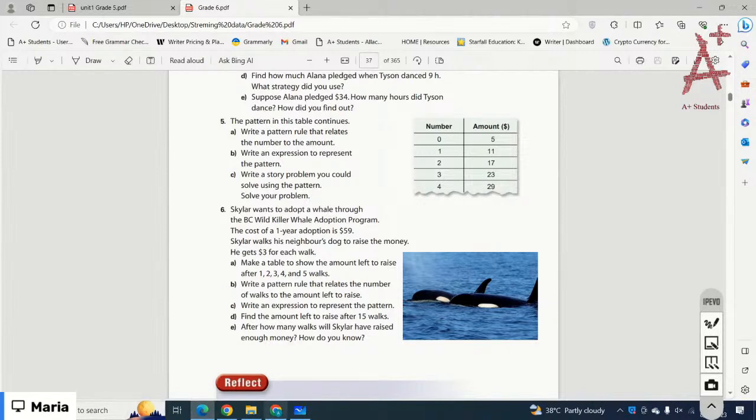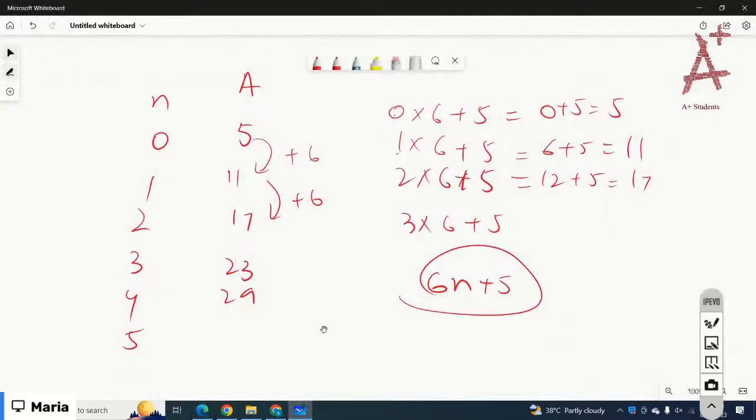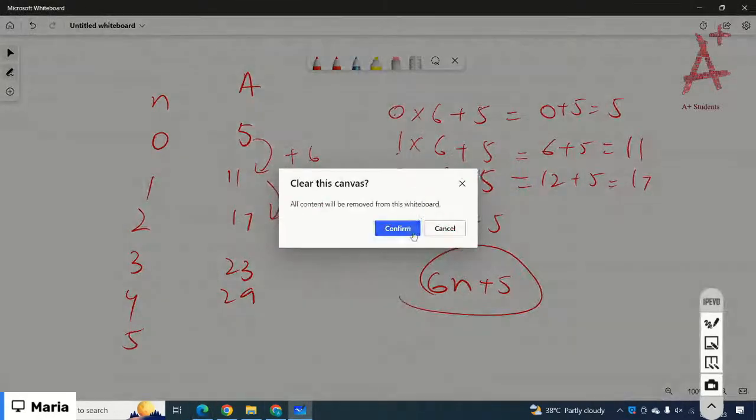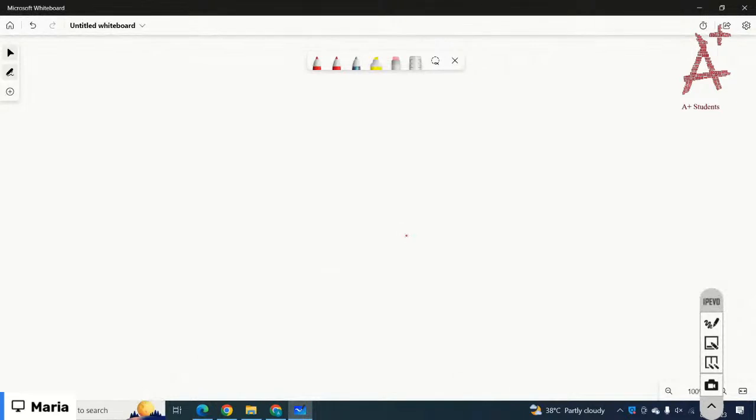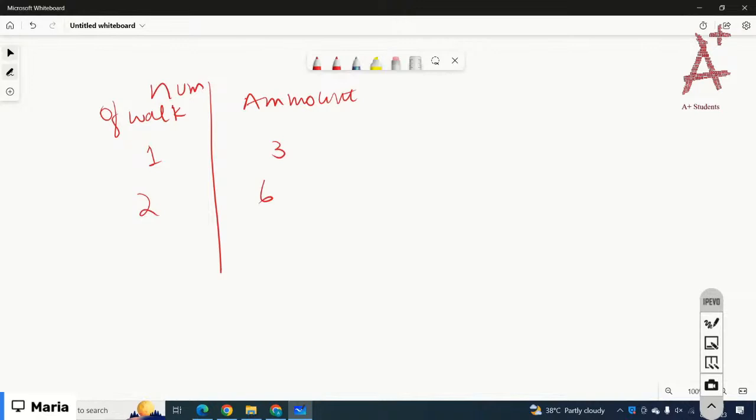Each walk he will get 3, right? N represents the number of walks, and here is the amount he collected from every walk, right? 1 walk 3, 2 walks 6, 3 walks 9, 4 walks 12.